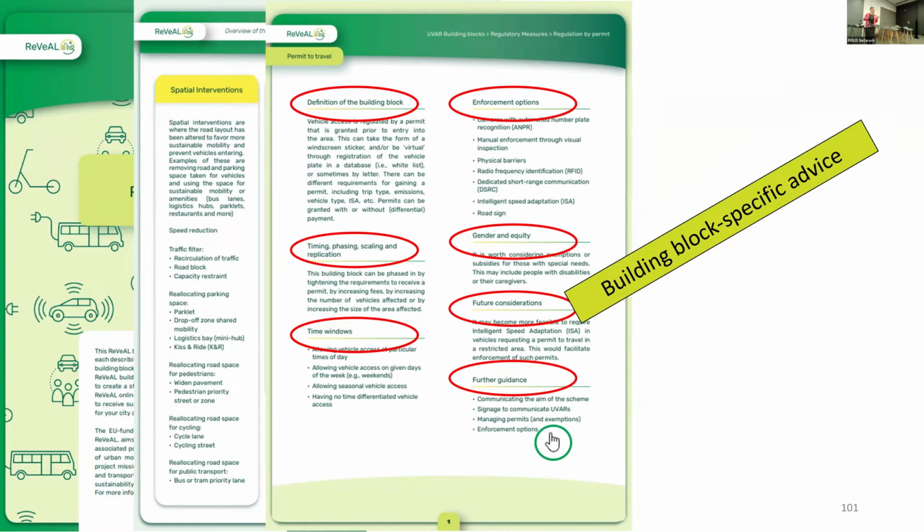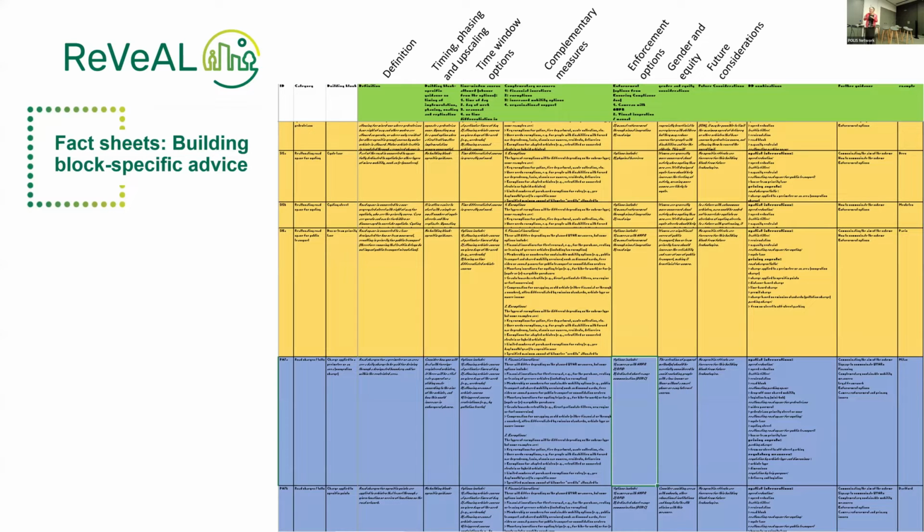And we'll come back to that afterwards with a live test, but just to go through here. Because I've got these two, the same as Sophia, we talked about how we came to this, because you could say, okay, where did that information come from? So everything that I listed on the previous page is also in a massive spreadsheet with the building blocks down the side, and across the top, you can see definition, timing, phasing, upscaling, and so on, everything across here.